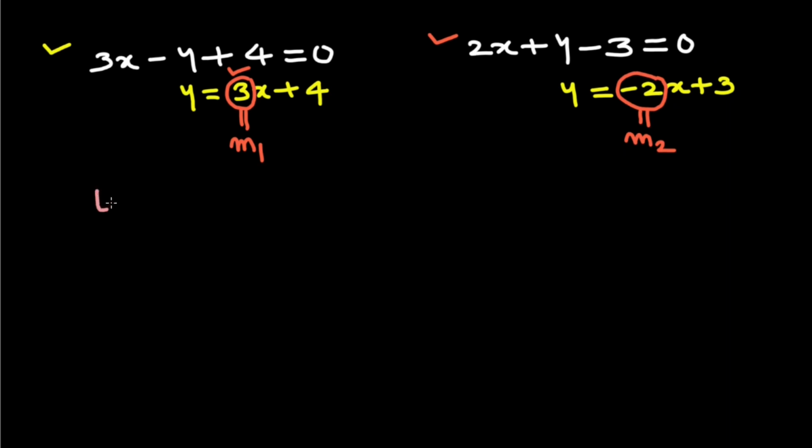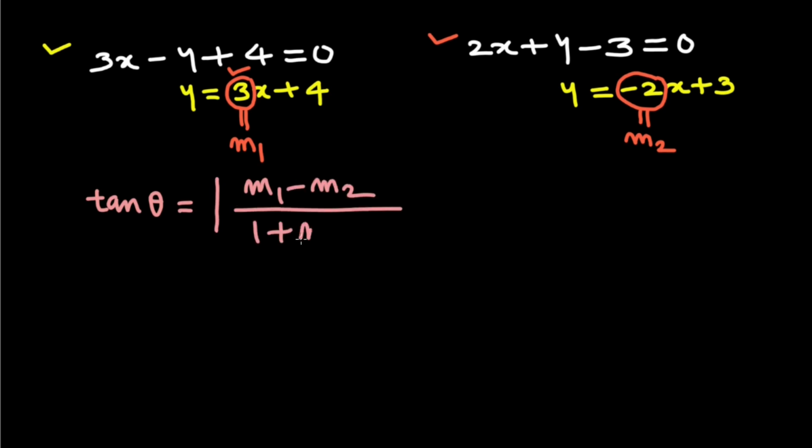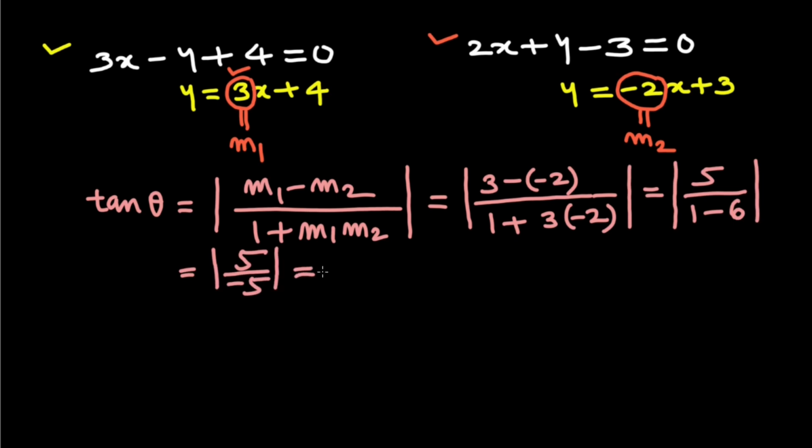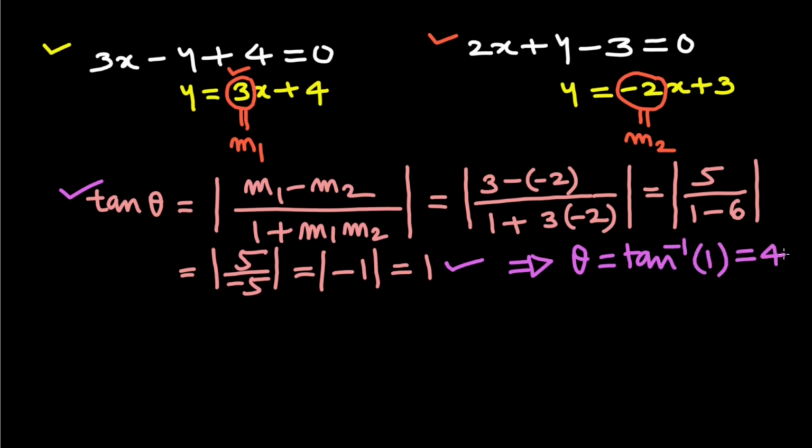We have tan theta equals mod (m1 minus m2) upon (1 plus m1 into m2). It will be mod (3 minus (minus 2)) upon (1 plus 3 multiplied by minus 2). It will be 3 plus 2, 5, upon 1 minus 6, which will be 5 by minus 5, which will be mod minus 1, which is 1. Since tan theta equals 1, theta equals tan inverse of 1, which is 45 degrees or pi by 4 radians.